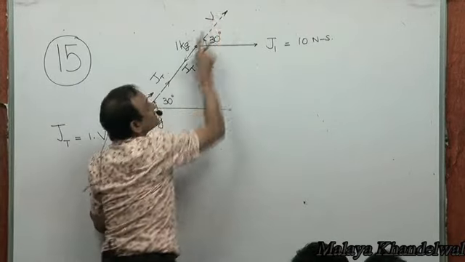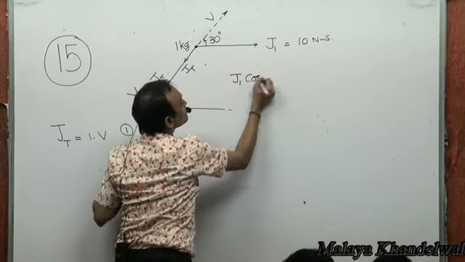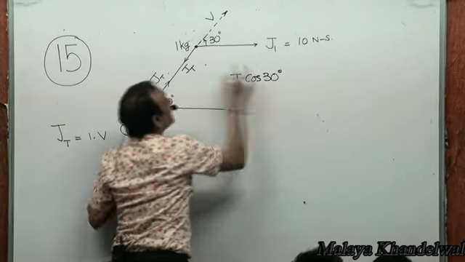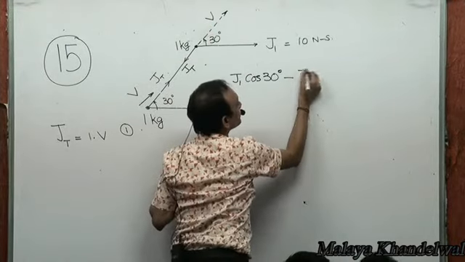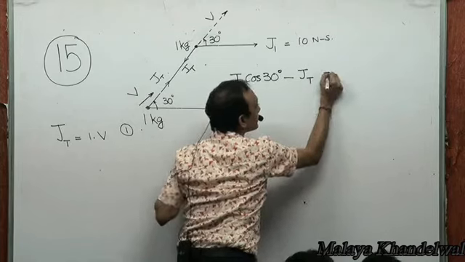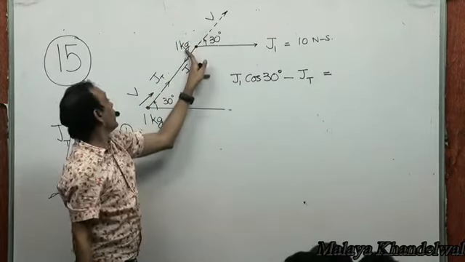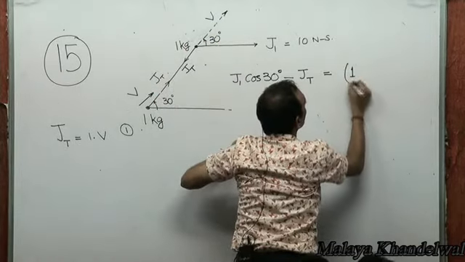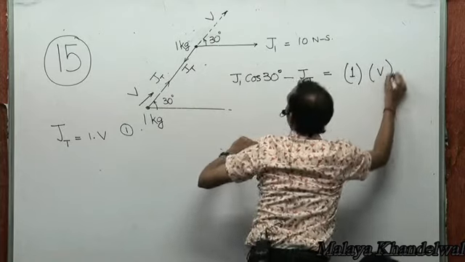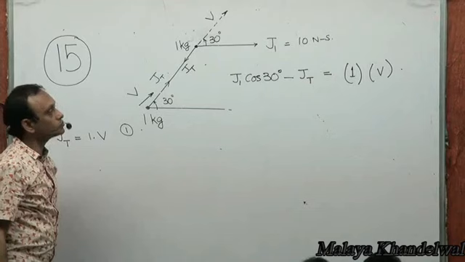The net impulse in this direction on this mass is J1 cos 30 degrees minus JT, which is the change in linear momentum in this direction, which is 1 into V, right? Yes or no?